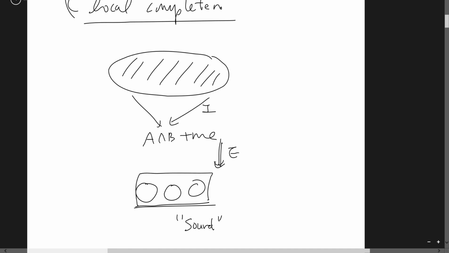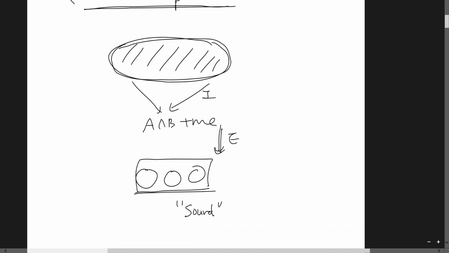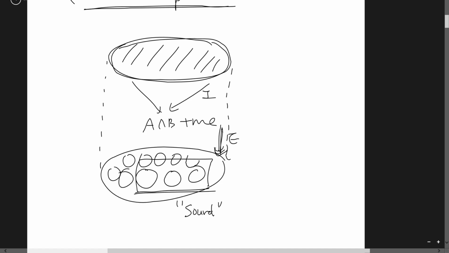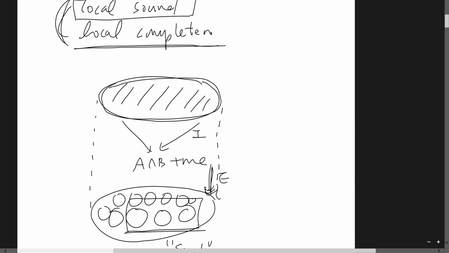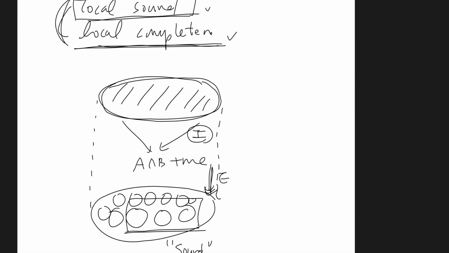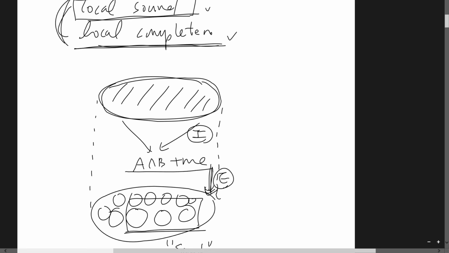They are part of the original knowledge. And thanks to local completeness, if you try hard enough, you can reconstruct the original knowledge that you started with. So now, if both local soundness and completeness hold, then you can apply this introduction rule without worrying about losing information afterwards, because by applying the elimination rule, you can always retrieve the original information.